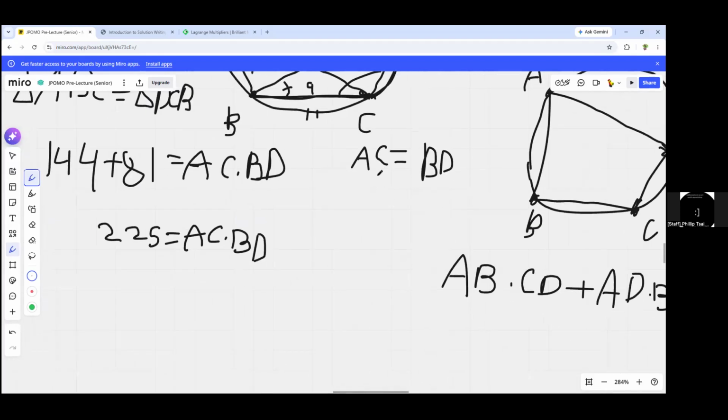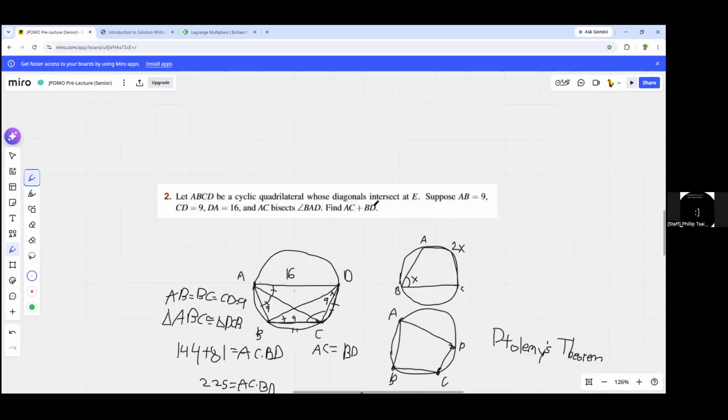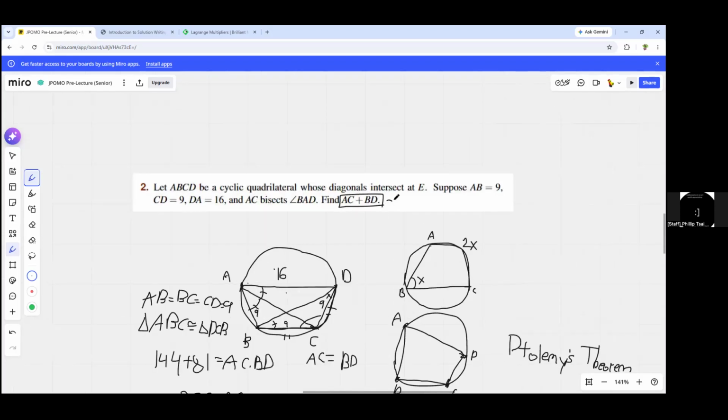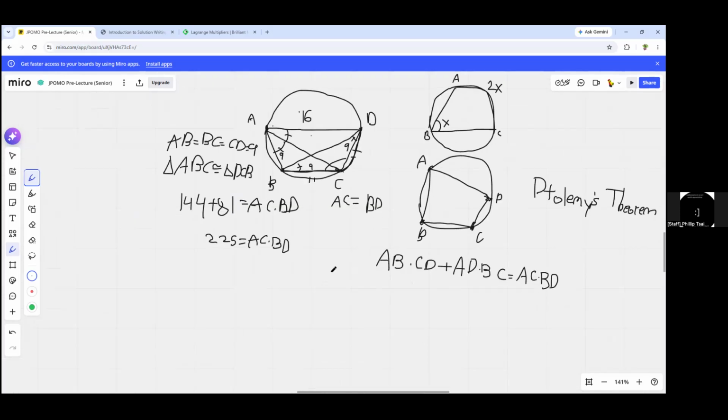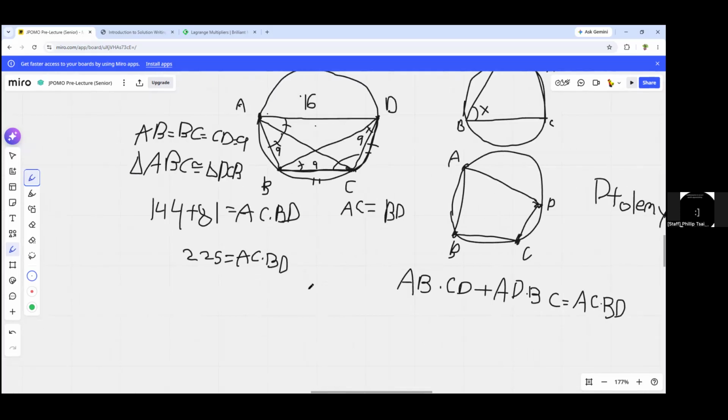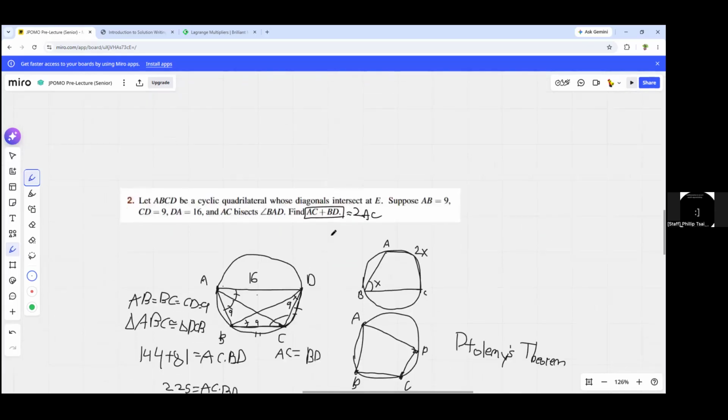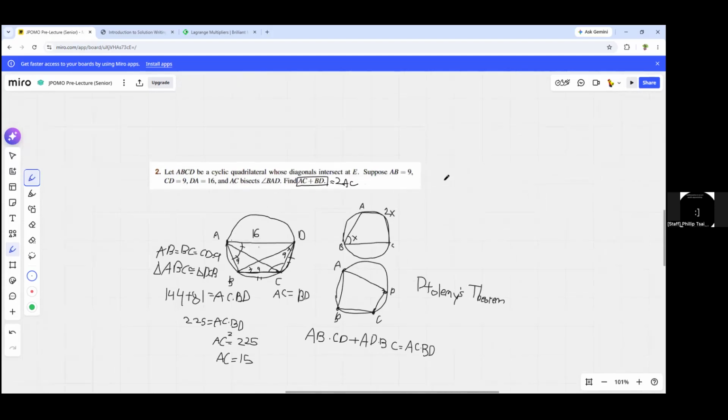Lastly, we want to find AC plus BD, which is equivalent to 2AC. Substituting AC equal to BD in AC times BD, we get that AC squared is equal to 225, so AC is equal to 15, because a side length can't be negative. So our answer, 2AC, is 30. Does anybody have any questions?